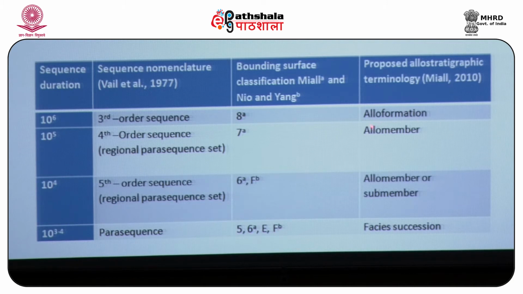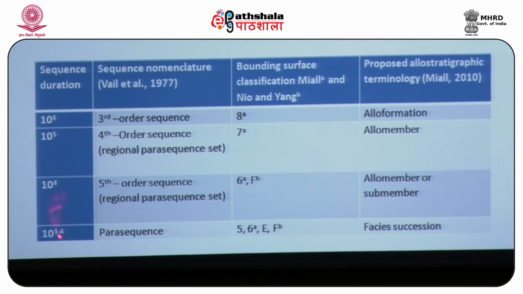Look at the table, 10 to the power 6, that is the time duration for third order sequence boundary, which in Miall's case is 8A, and Miall 2010 proposed allo formation. And 10 to the power 5 time duration, which in Vail's classification scheme is 4th order sequence, and in Miall and Neo and Young model is 7A, and in Miall 2010 is allo member. And 10 to the power 4 is the time scale for 5th order sequence, which in Miall and Neo and Young is 6A and 6B, and in Miall 2010 is allo member or sub member.